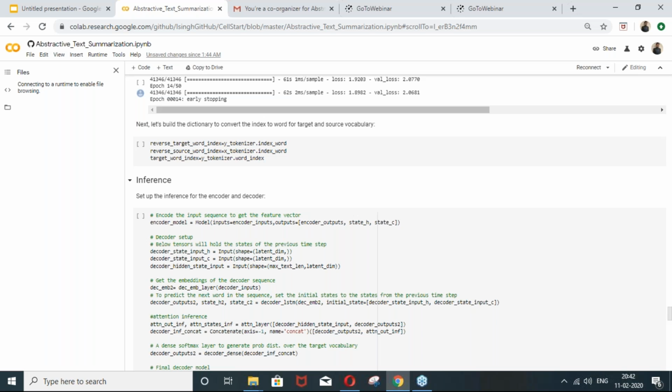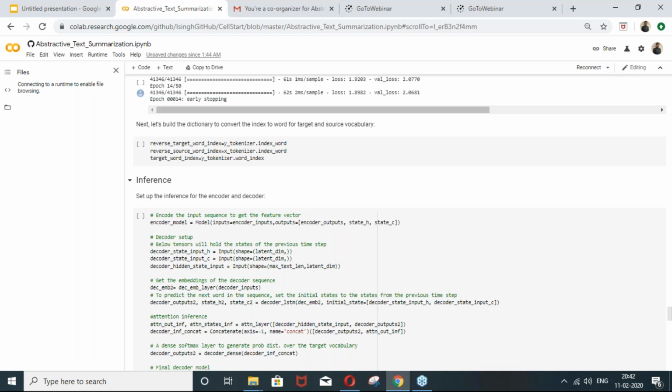There are so many different words, and we have to find out which words resemble each other. So we are converting the index of the word to the target and source vocabulary, and storing it in the dictionary so that similar words resemble the same. While producing the output, it will be better for us to get similar words with similar meaning.